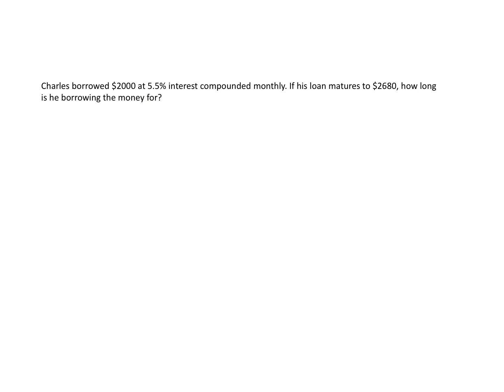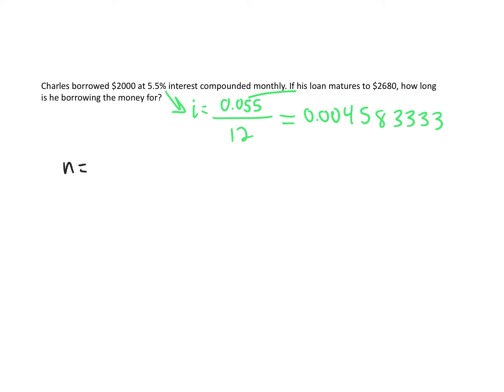Here's another example of finding compoundings. So we have 5.5%. We're going to take that and divide by 12 because it's monthly. This gives us 0.004583 repeated. Keep extra decimal places. Then we can calculate n using our same formula.